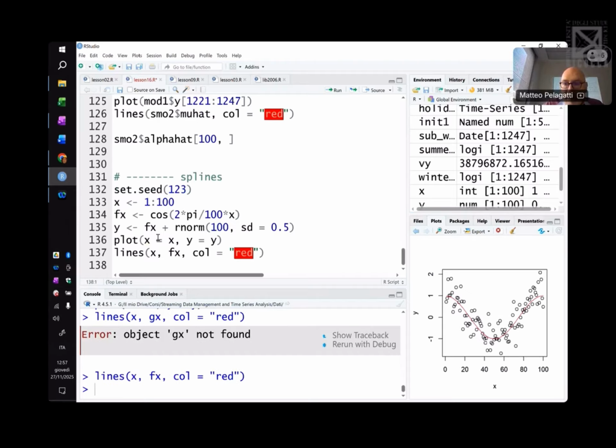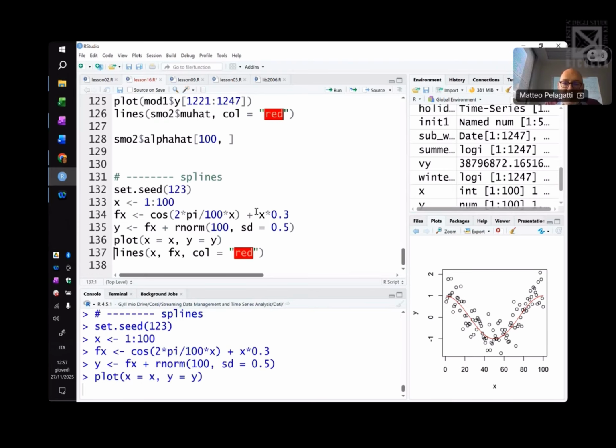Okay. We can also make something more interesting. Like we also add some linear trend, just to show you that splines can also model trending variables. So maybe something like this. Too much, too strong.